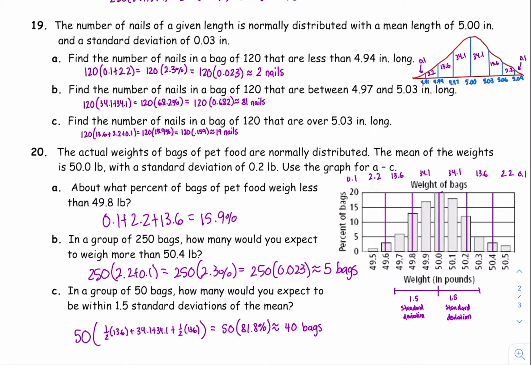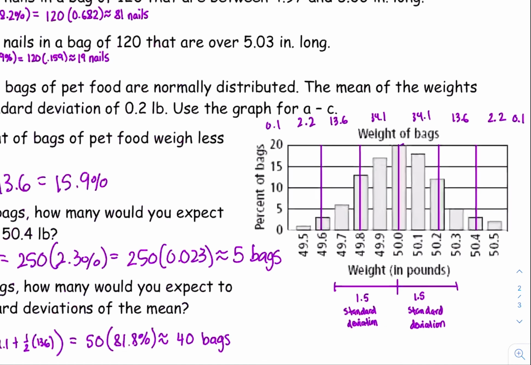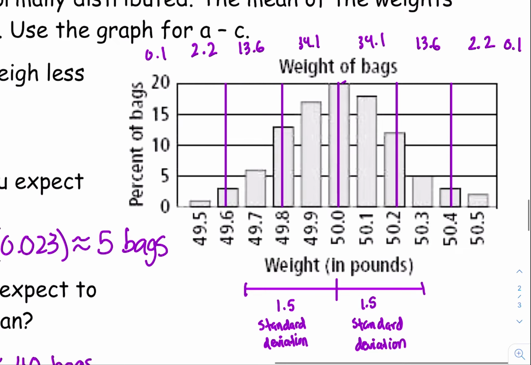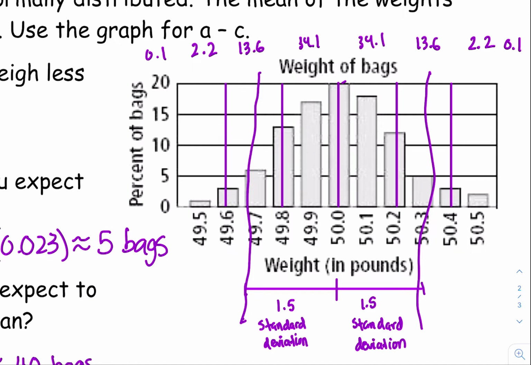Now, this last one's a little challenging because it tells you guys 1.5 standard deviation away. So if you guys look at this diagram, on the bottom I did 1.5. Now, do you recognize that if you do 1.5, this is like half of the 13.6 on this side and on this side, right? So half of 13.6 is 6.8 there, and half of 13.6 is 6.8 there.